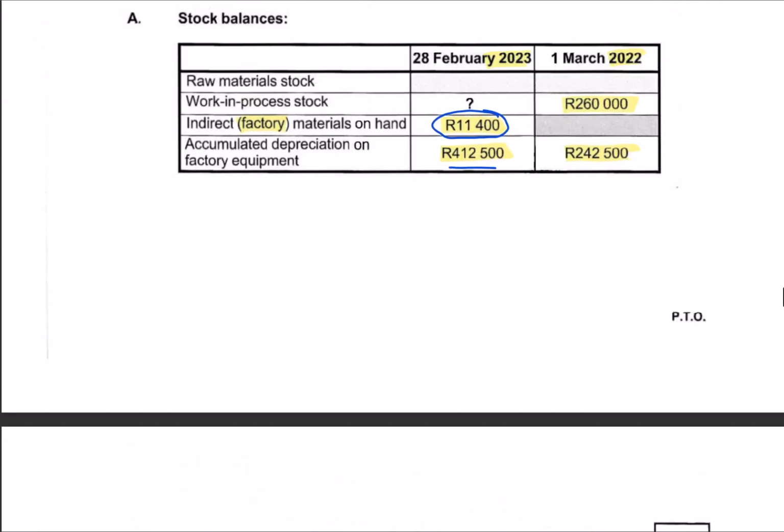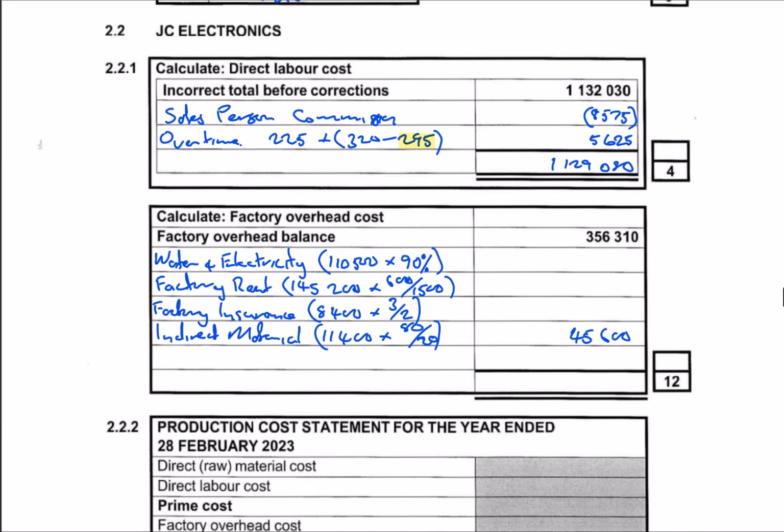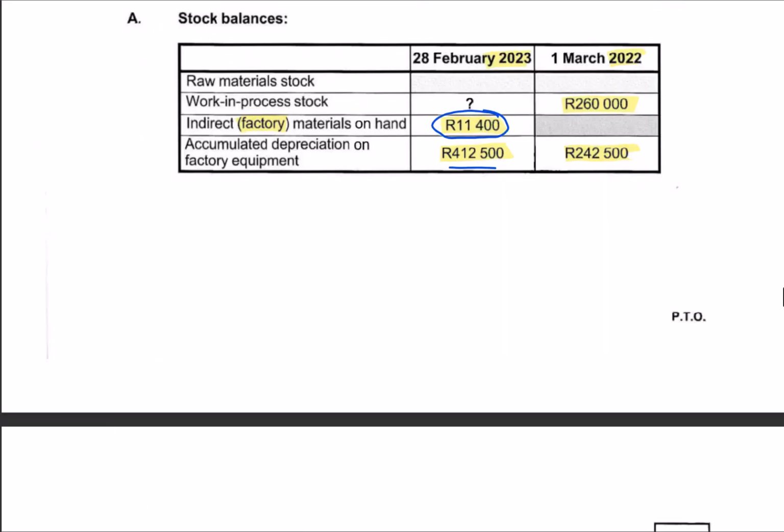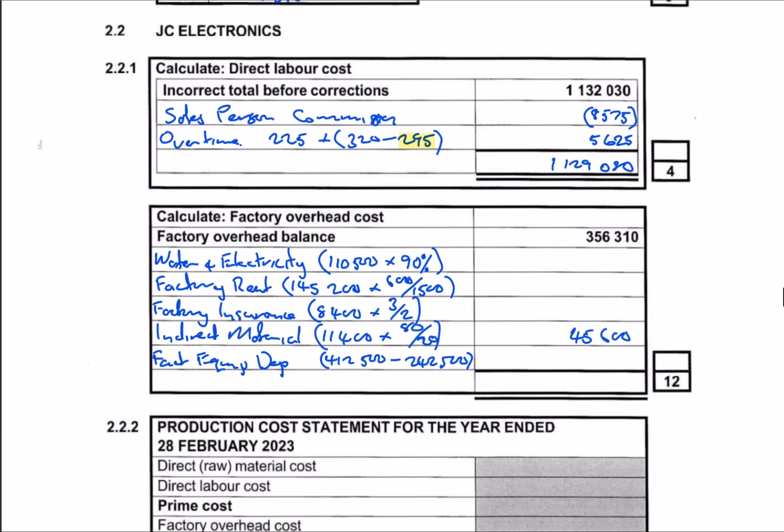So we just subtract 412,500 minus 242,500 for factory equipment depreciation. Just double check the figures. 412,500 minus 242,500, right, so that will be the answer.